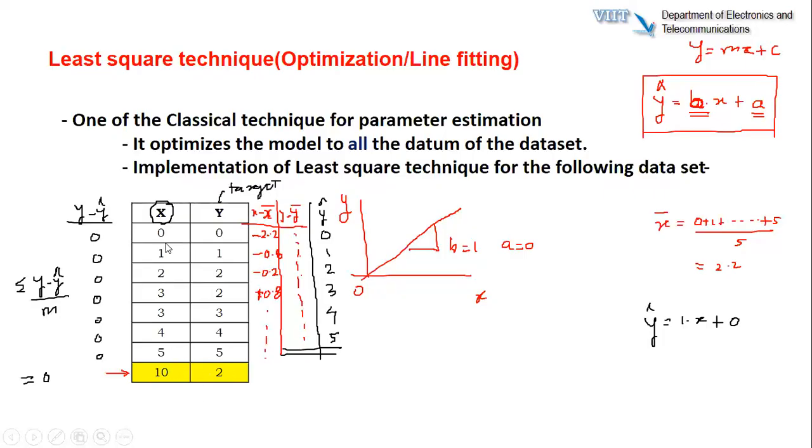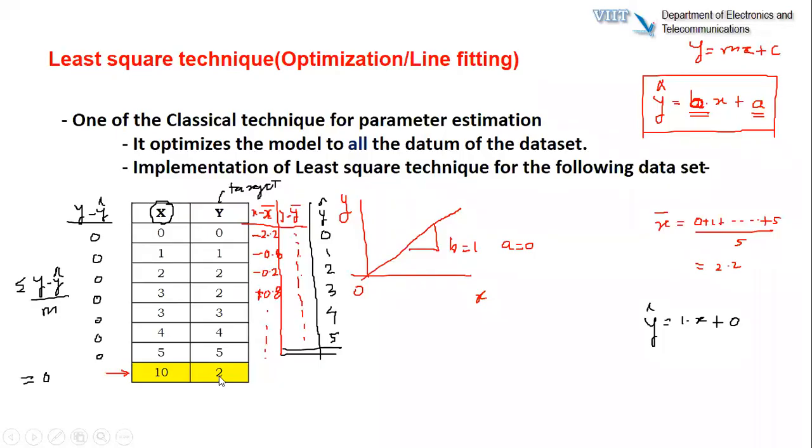So by mistake, during the recording of the sample values, for x equal to 10, the target was expected as 10, but the target is say 2. So there is a mistake. This is called noise or noisy data, or also an outlier.